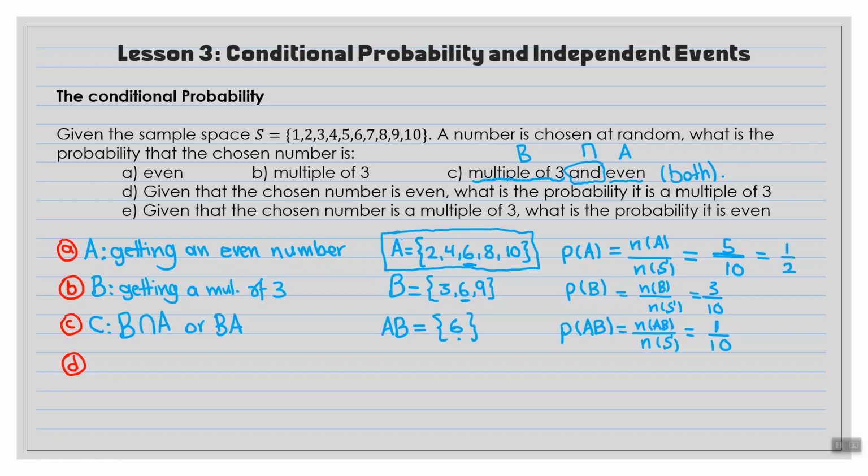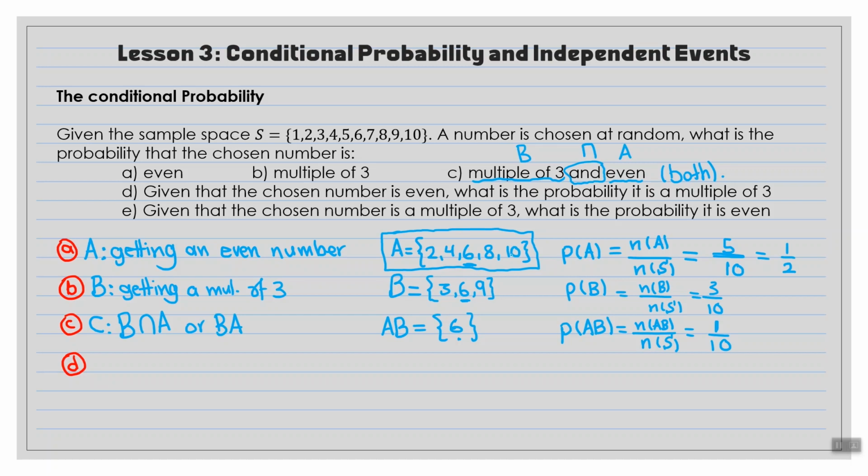So you've chosen a number, you're still closing your eyes, and you heard someone telling you that the number that you have chosen is even. So now you know that you have chosen either a 2, or a 4, or a 6, or an 8, or a 10. What is the probability that the number that you have chosen is a multiple of 3?